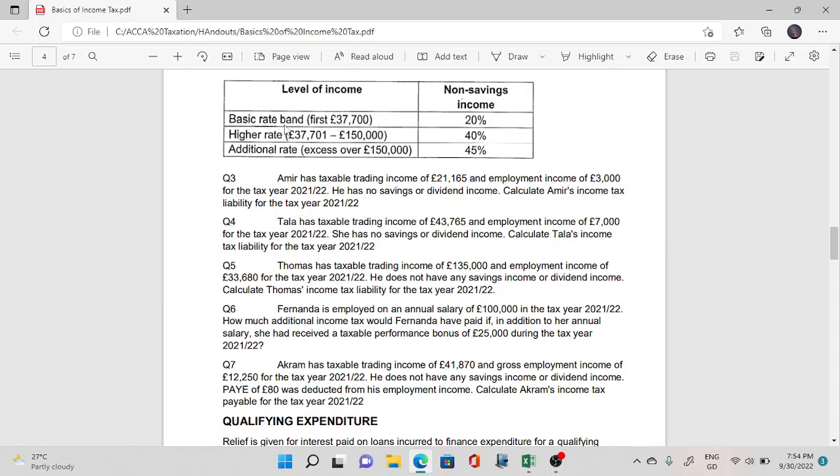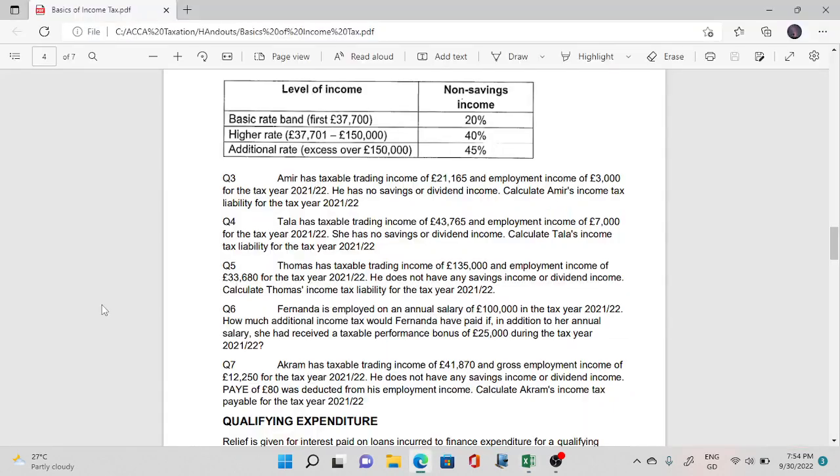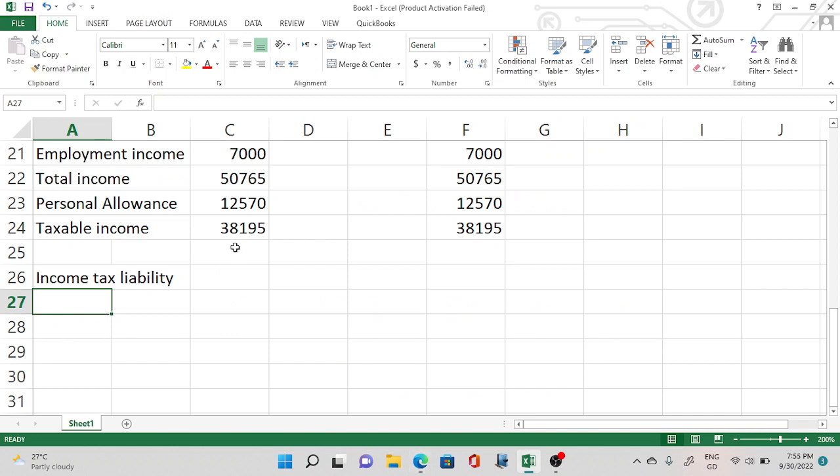The tax should be done from the bottom; the bottom should get filled first and then you go on to the next slice. You can understand it like the first layer of tax is on the first 37,700, that is the basic. So the taxable income is 38,195.